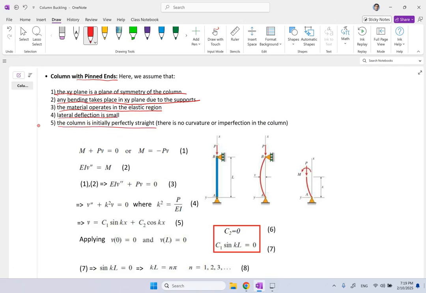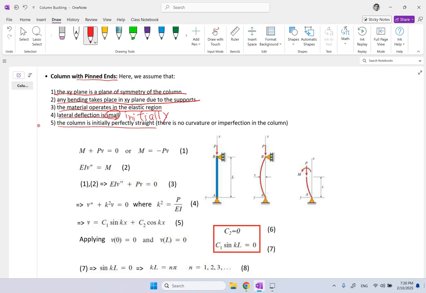Okay, so we make a bunch of assumptions. Many of them are not super realistic, like initially perfectly straight. But here, just to derive some formula, we go with that simple thing. And when I say lateral deflection is small, that means initially small, okay? Because once you go unstable, it is going to go up and get bigger and bigger.